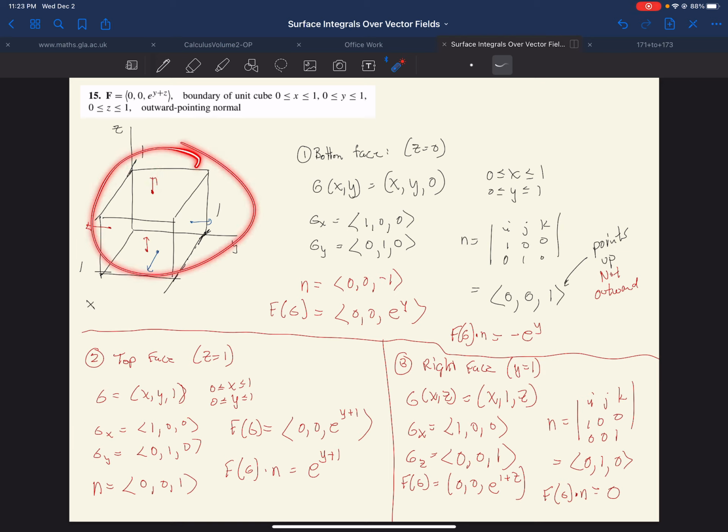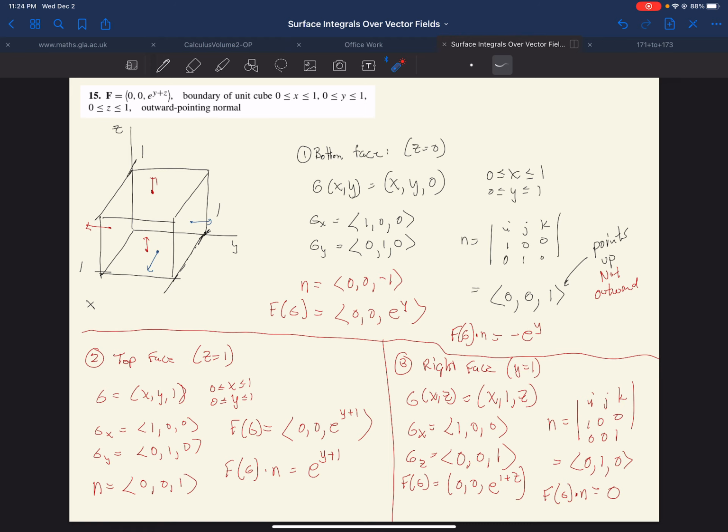That cube now is not just one continuous surface. It's actually 6 surfaces. It's the bottom side, the top side, the left side, the right side, the front side, the back side. And so, to do a surface integral straightforward, I have to parameterize all 6 surfaces. So this actually, one problem turns into 6 problems.